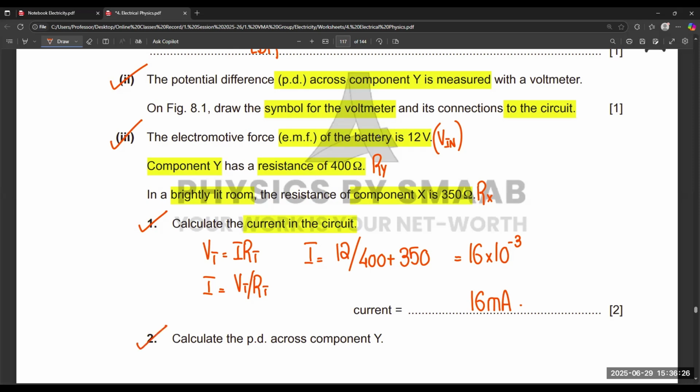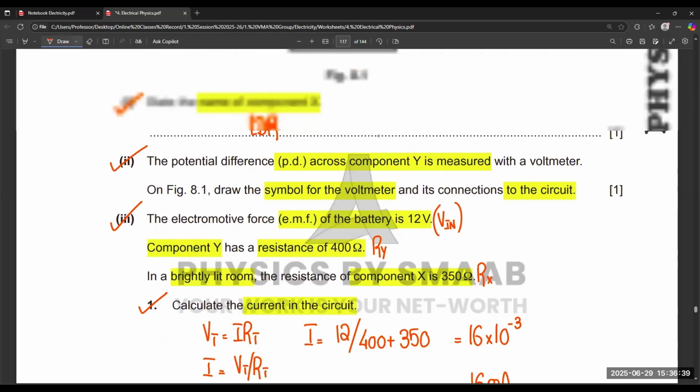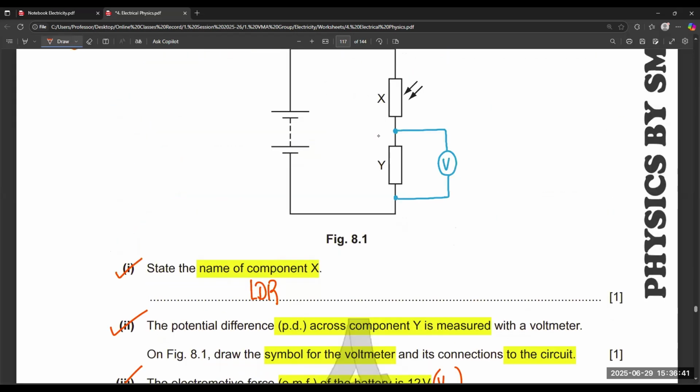Now in the second part, calculate the potential difference across Y. Now this is the same question as the potential divider formula, because with component Y, the voltmeter is connected. So it means they are talking about output voltage.